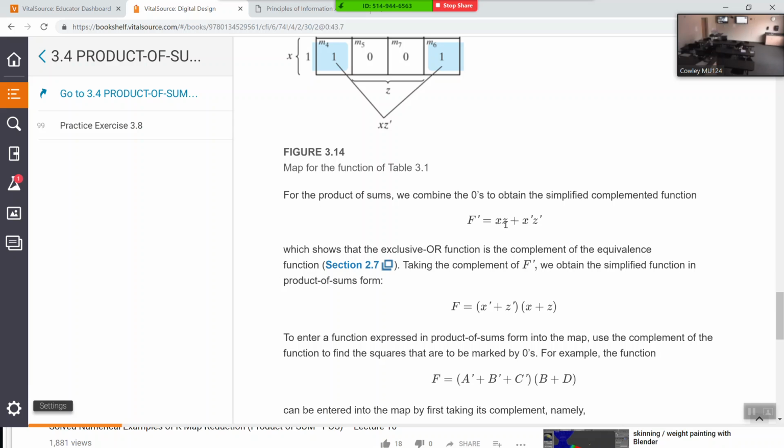Notice the xz, we're taking the complement of it. The x becomes x prime, the z becomes z prime, and instead of there being an and between them, there's an or, a plus. The x prime here becomes x, the z prime becomes z, and instead of there being an and between them, what looks like a multiplication, there's an or, a plus. Is that clear as mud?